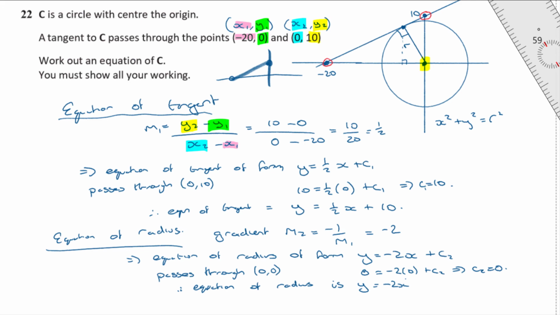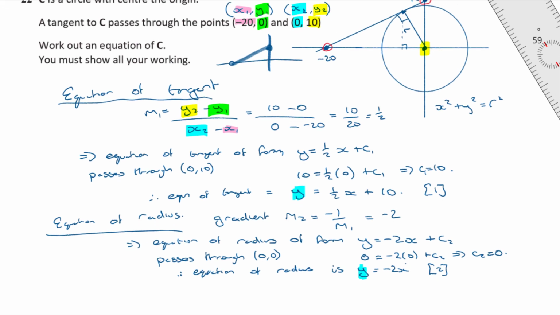So if we call this one equation 1 and this one equation 2, then we want to solve them simultaneously, don't we? So I'm going to solve by substitution this time because I've got y is equal to and y is equal to, haven't I? So I can just plug the two different halves together.